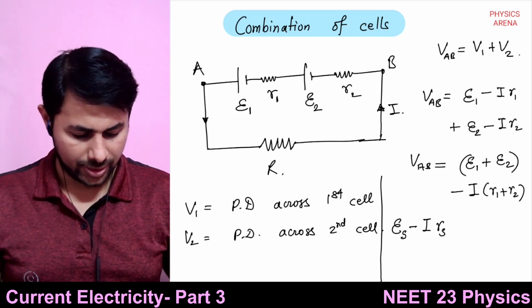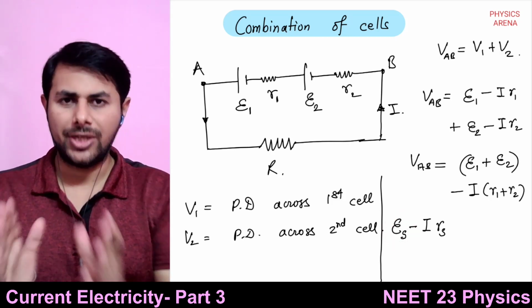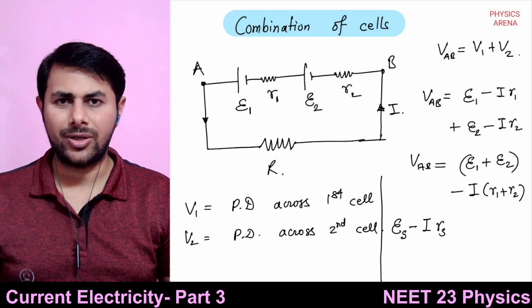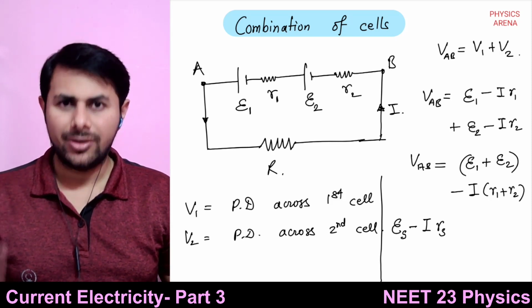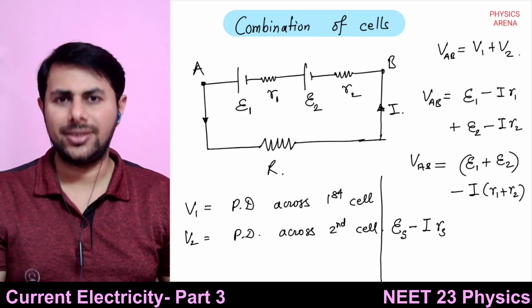So what is epsilon S? See, the potential difference across a cell can be written as what? It's EMF minus I into its resistance.